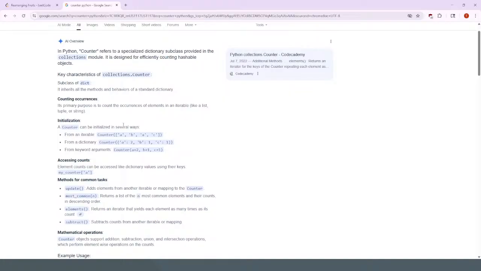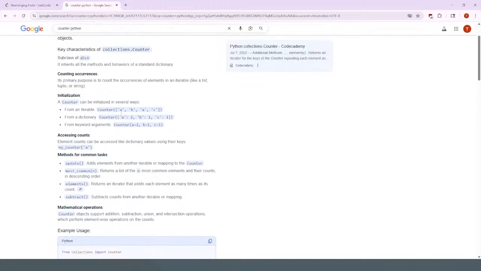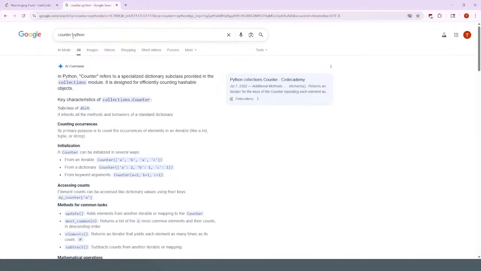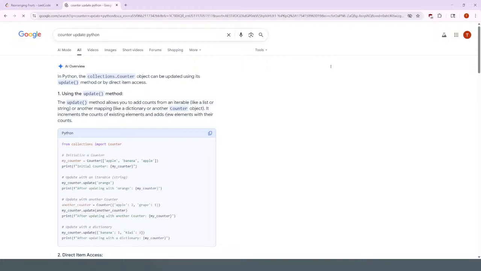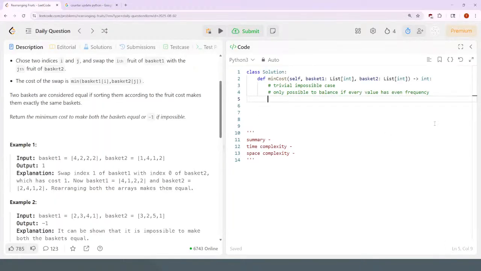Counter initializes from an iterable. Can I update a counter? Using counter update. Okay, so I can make a counter out of one of the lists and then update it and then check if it's even.